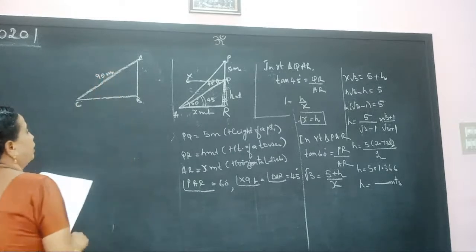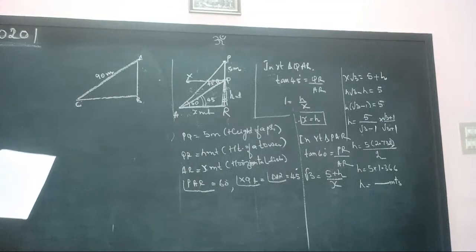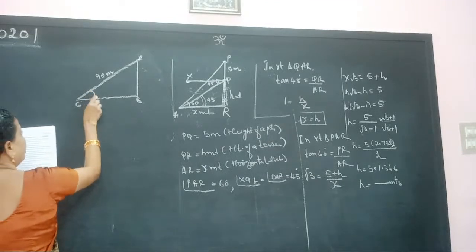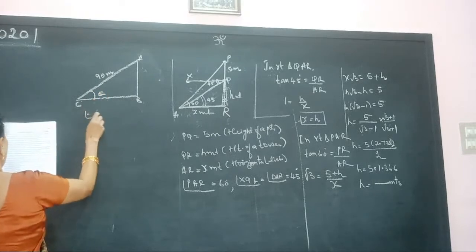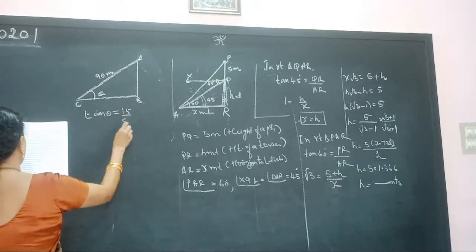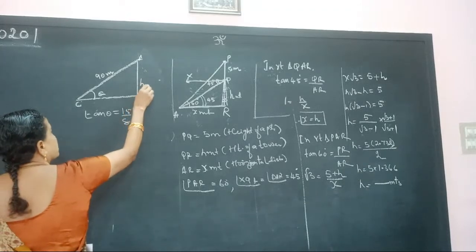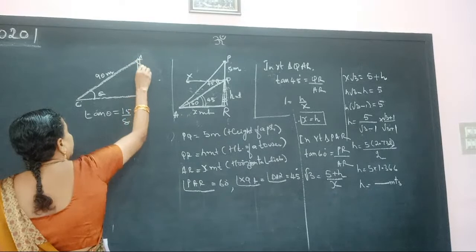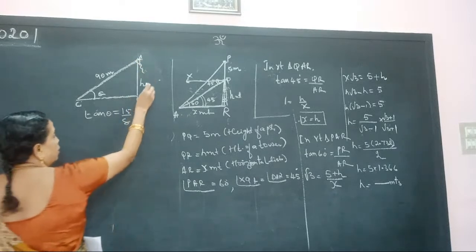If the string makes an angle of theta such that tan theta equals 15 by 8, how high is the kite? Consider this is the position of the kite.